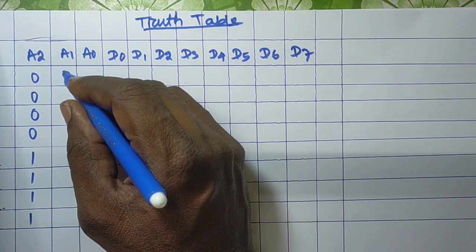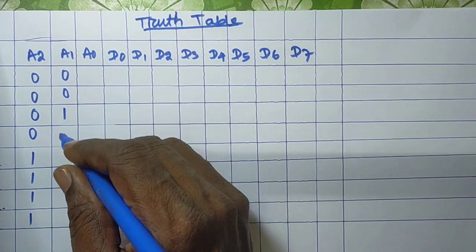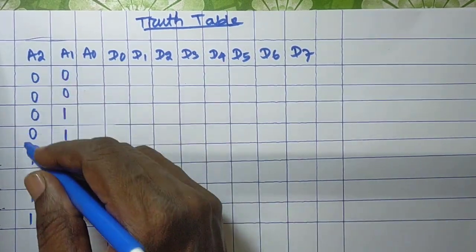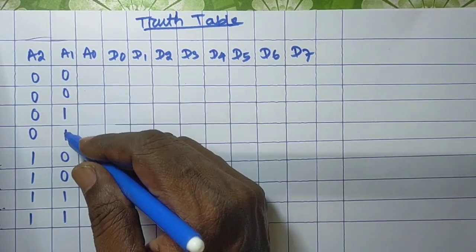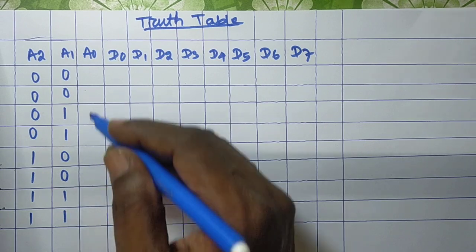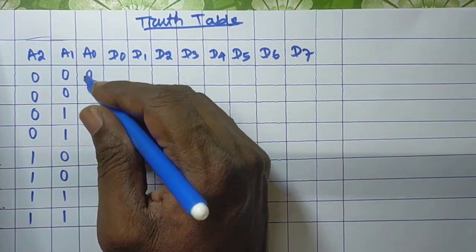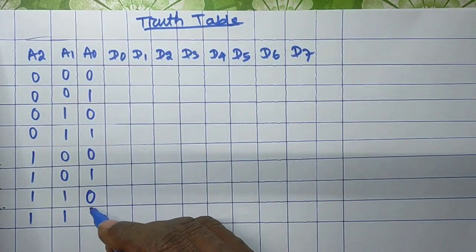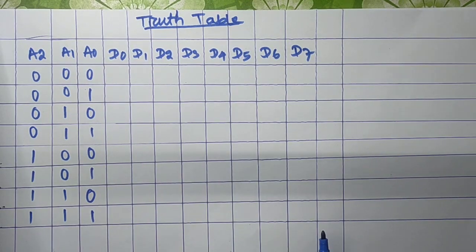Similarly here 2 zeros, 2 ones, 2 zeros, 2 ones. First is 4 zeros, next 4 ones, divided by 2: 2 zeros, 2 ones, 2 zeros, 2 ones. Similarly next is 0 1 0 1 0 1 0 1. It is a very easy way to consider this kind of inputs.